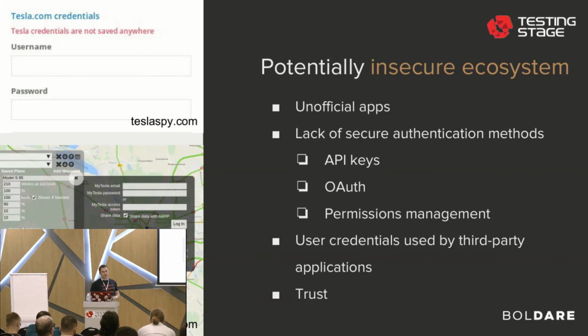So these users were using some third-party apps that asked them to give them their passwords. And it's only based on trust. These owners have to trust the creators of these applications that they would only really, for example, generate some PDF or check their location and not use that for, for example, stealing cars.